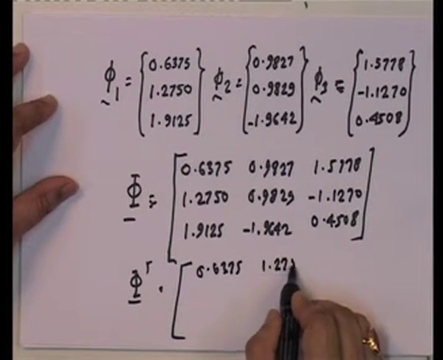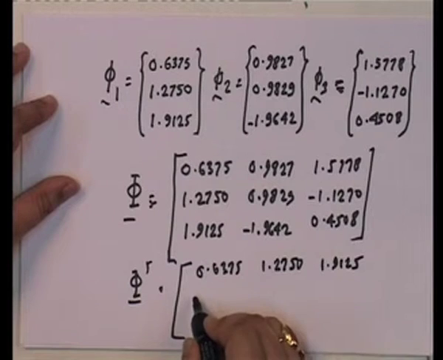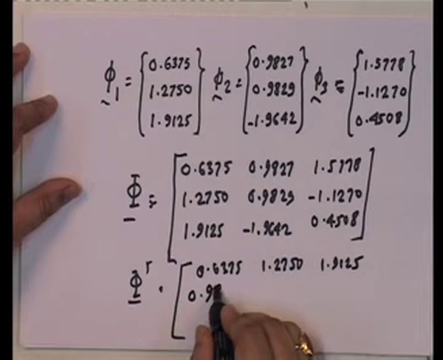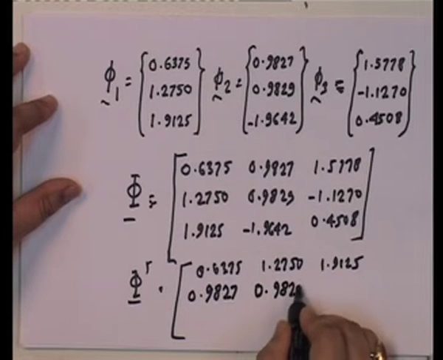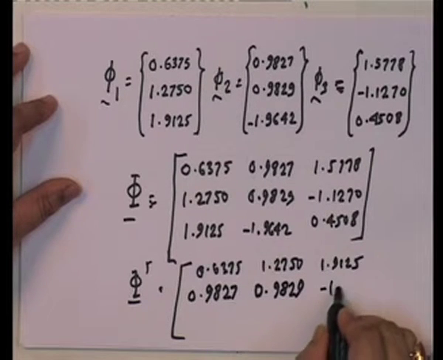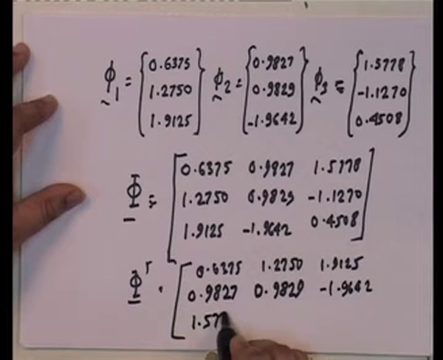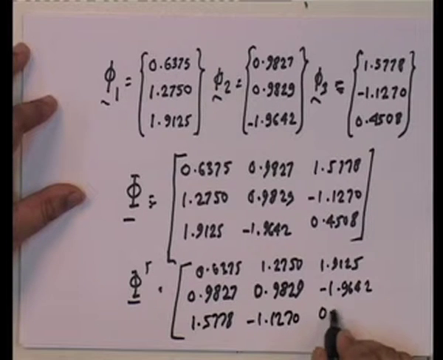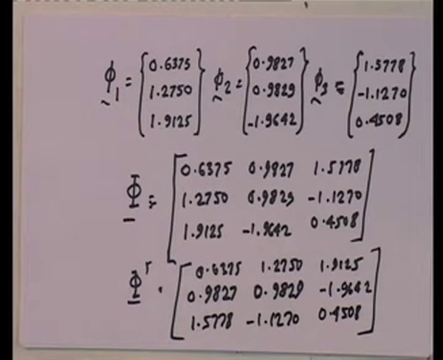And phi transpose is equal to 0.6375, 1.270, 1.925, then 0.9827, 0.9829, minus 1.9642, and then finally 1.5778, minus 1.270, 0.4508.